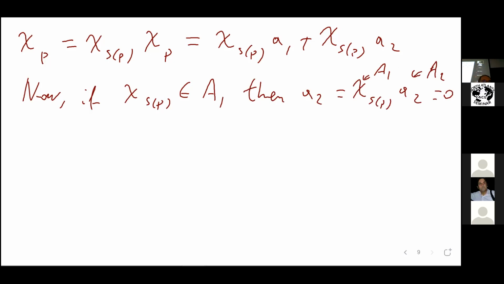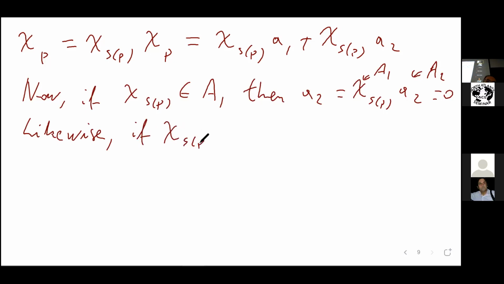Okay. And of course, vice versa. If chi of SP is in A2, then A1 is equal to 0. Right, and likewise, if chi of SP is in A2, then A1 by the same argument is equal to 0.